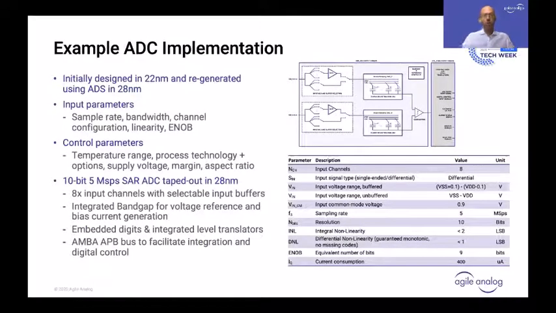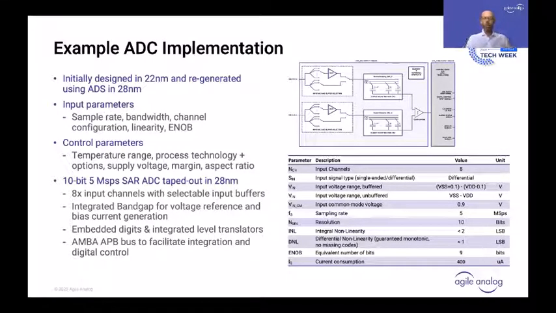So let's look at an example implementation that we generated using ADS. This was initially designed on 22 nanometers, and then we regenerated it using ADS on 28 nanometers. This block has 2 types of parameters, what we call input parameters. These are your typical ADC specifications, so sample rate, bandwidth, number of channels, linearity, ENOB.